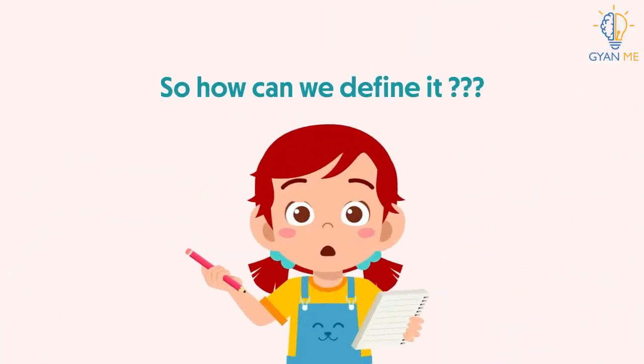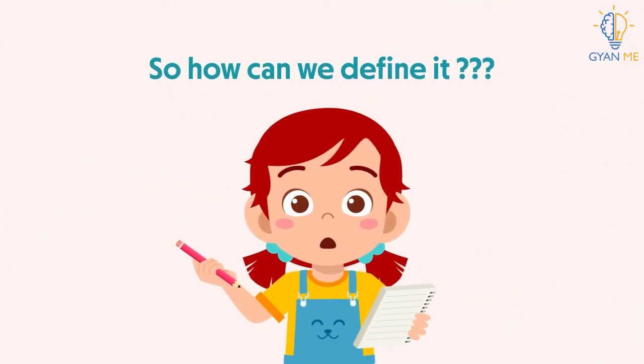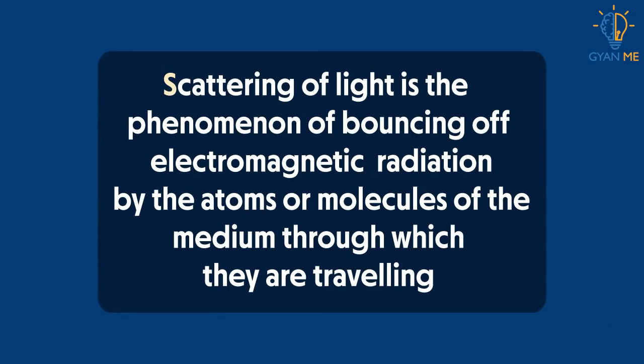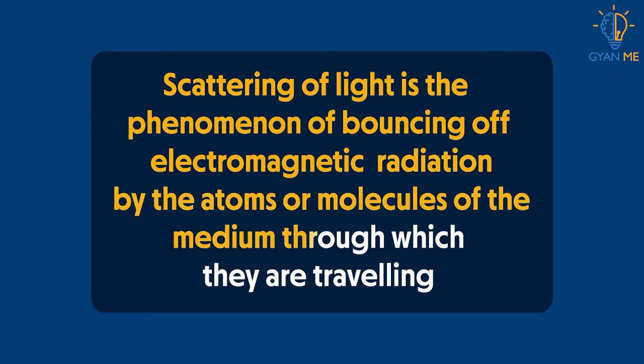So how can we define it? Scattering of light is the phenomenon of bouncing off electromagnetic radiation by the atoms or molecules of the mediums through which they are traveling.